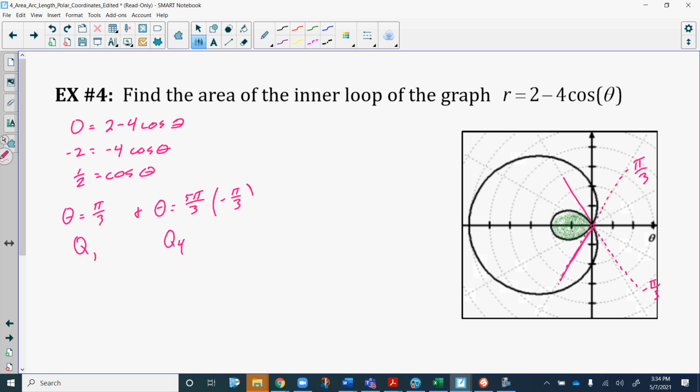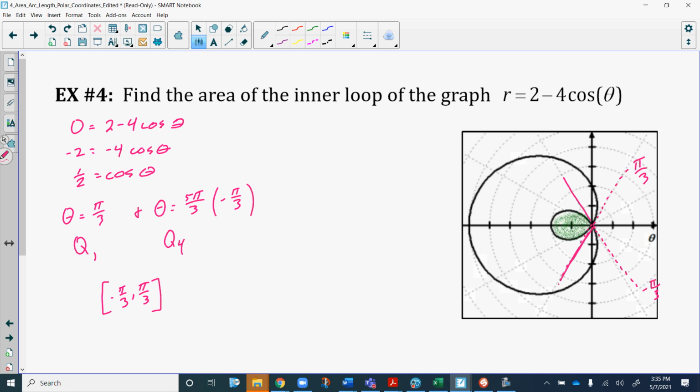When I tried to use symmetry on this one, I wasn't able to get it to work for some reason. Maybe I was just having a moment. So I'm not going to try the symmetry the way I did on the last one. I'm going to use my interval from negative pi over 3 to positive pi over 3.